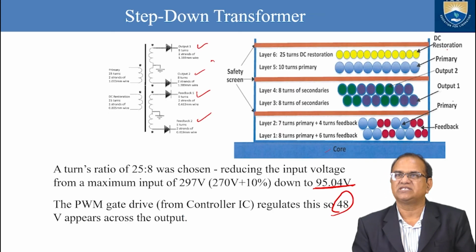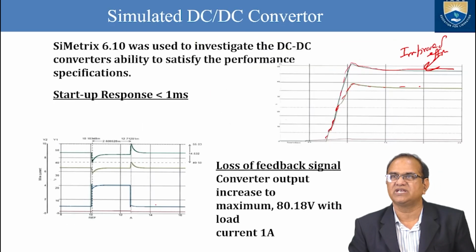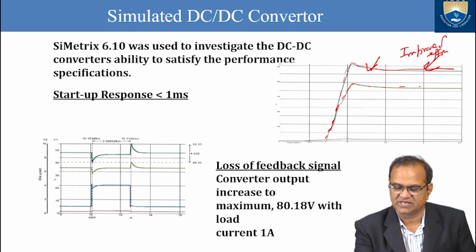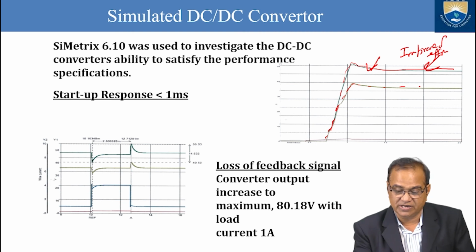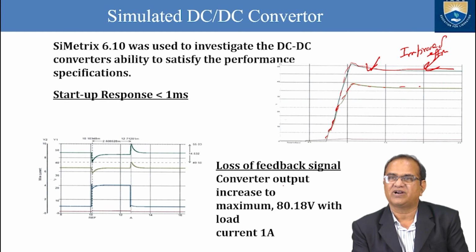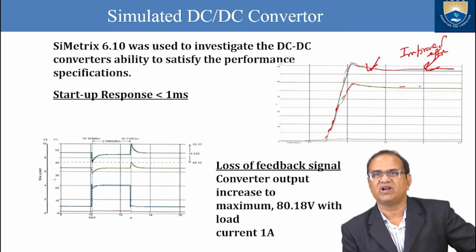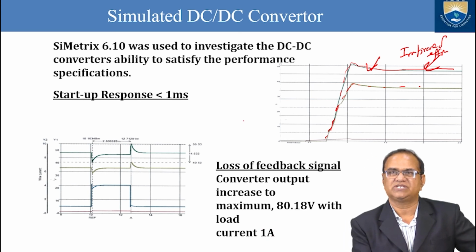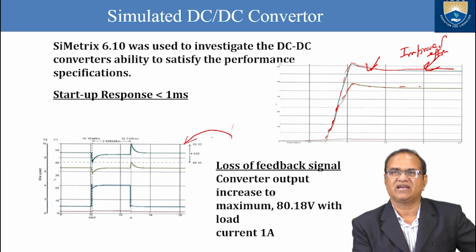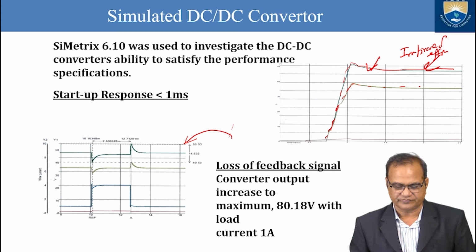This one is used, this one is used. So this one gives better efficiency. Okay, and here if you see, on loss of feedback signal, converter output increases to a maximum of 80.18 volt with a load current of 1 ampere. So this can be seen in this diagram, how these things are working to get this work done.